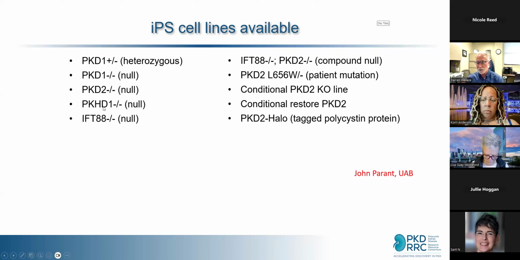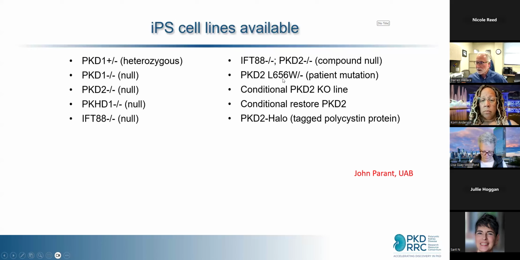This is the gene that's responsible for AR-PKD. He's also introduced mutations into IFT88. This is a gene that's involved in cilia formation, and we know if we mutate the cilia that's located on the cell, you can also get cyst formation.